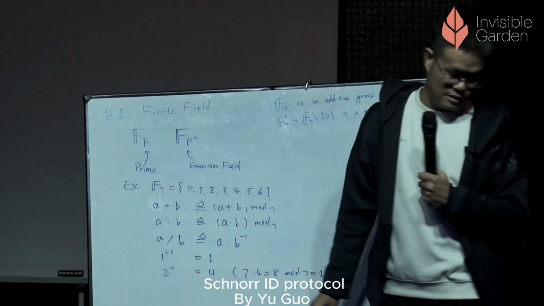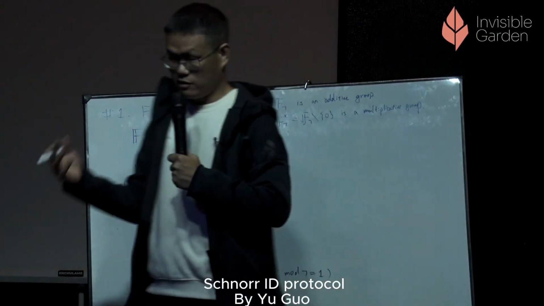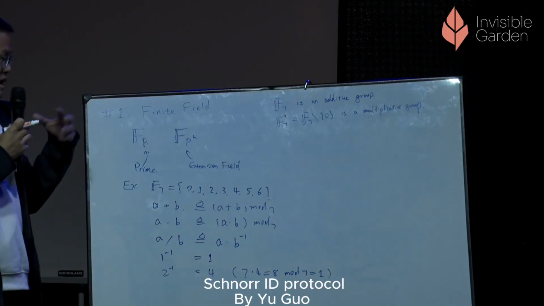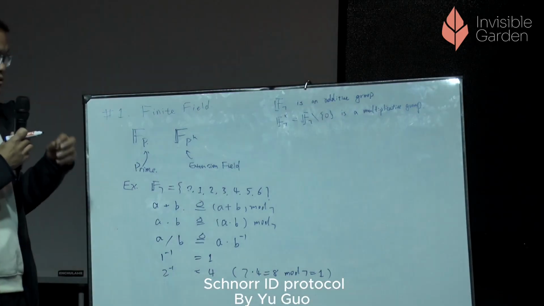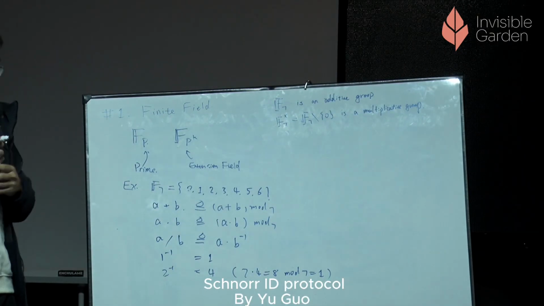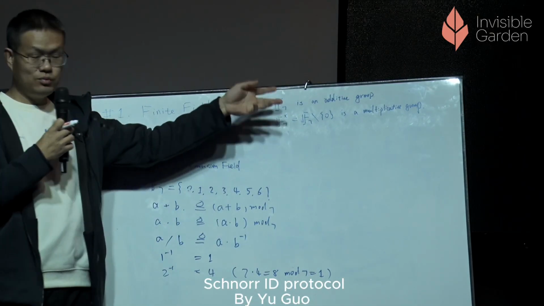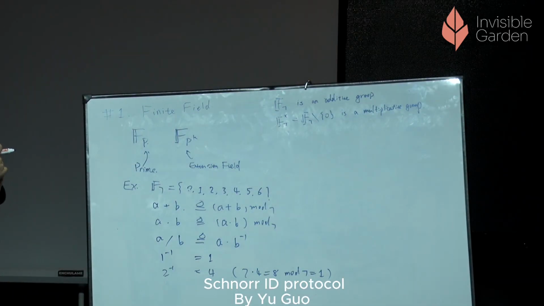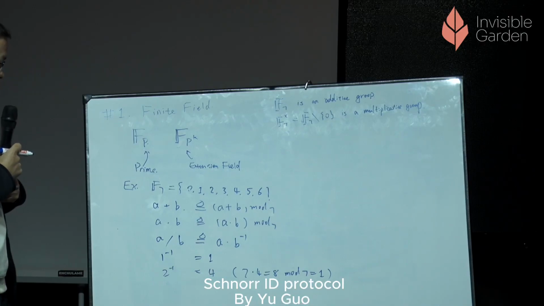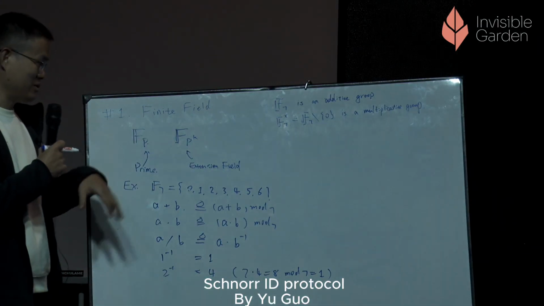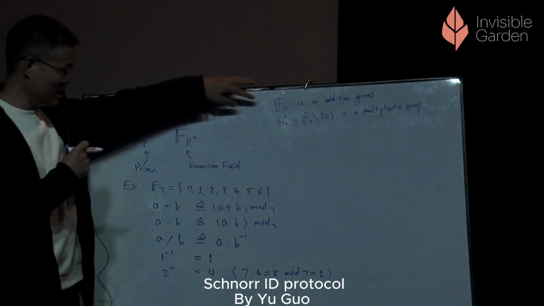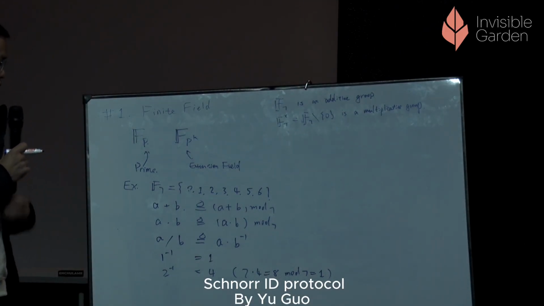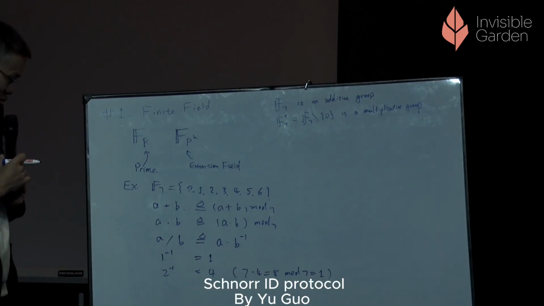Group means the set is closed: if we add or multiply two elements from the group, the result is still in the group. Remember that for a group we have only one binary operator. It's a mess, but we just skip this detail and use it as a black box. It's going to be okay for our minimal example.